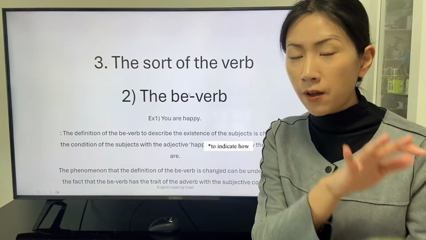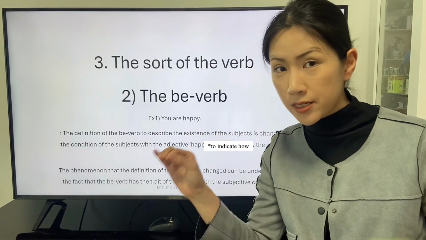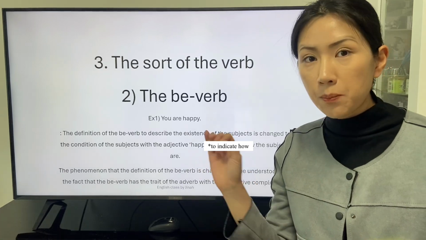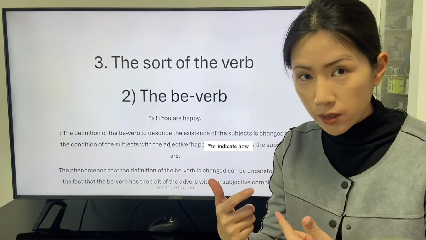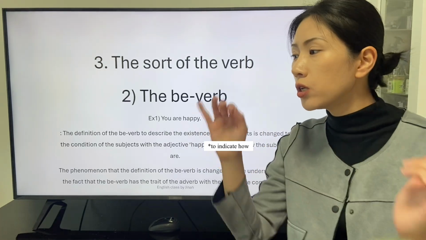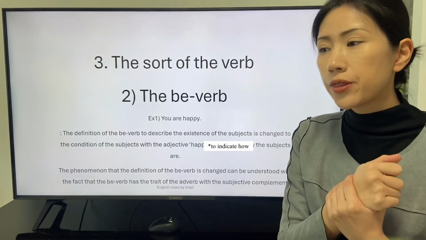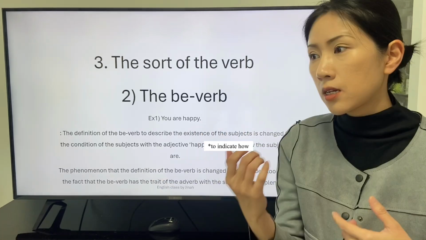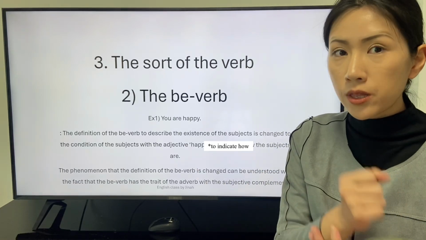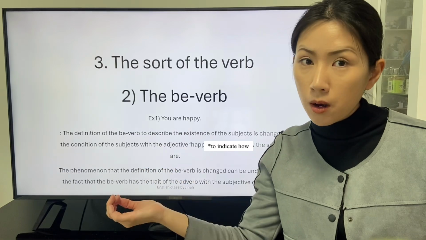Compared to the clause with the general verb exists to describe the existence of the subject, the definition of the Be-verb is changed from the existence of the subject to the condition of the subject. In the clause with the subjective complement happy, this phenomenon can be understood with the fact that the Be-verb has the trait of the adverb.